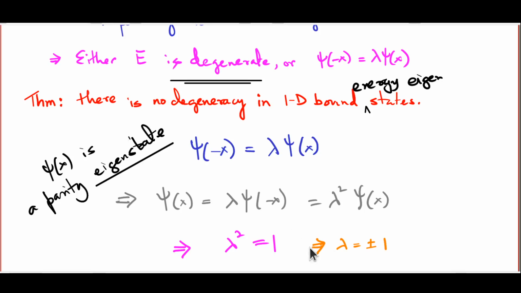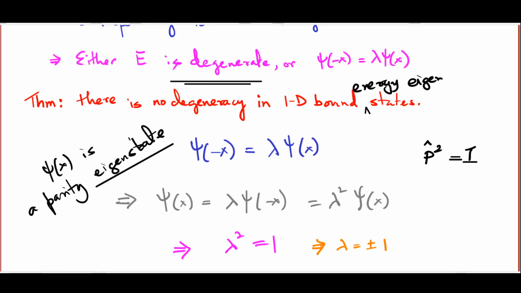And what this is telling me is that the only two possible eigenvalues for the parity operator are plus and minus 1. Now that also is very easy to understand from the basic property that the parity operation, if you call it P, if you do it twice, that is change x to minus x twice, you must get back to the identity. So any eigenvalue of the parity must obey this equation, lambda squared equal to 1, and hence lambda must be plus or minus 1.